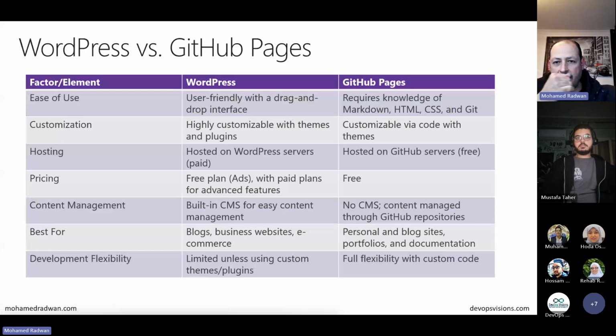Okay, so let's have a good comparison between WordPress and GitHub. As you can see from the usage, WordPress has a very friendly user interface. You can have drag and drop, but for GitHub Pages, you really need some coding skills, I would not even say that, because in our first demo, we'll explain how to use ChatGPT or GitHub Copilot, so you can write your blog very easily, even if you don't know the code.